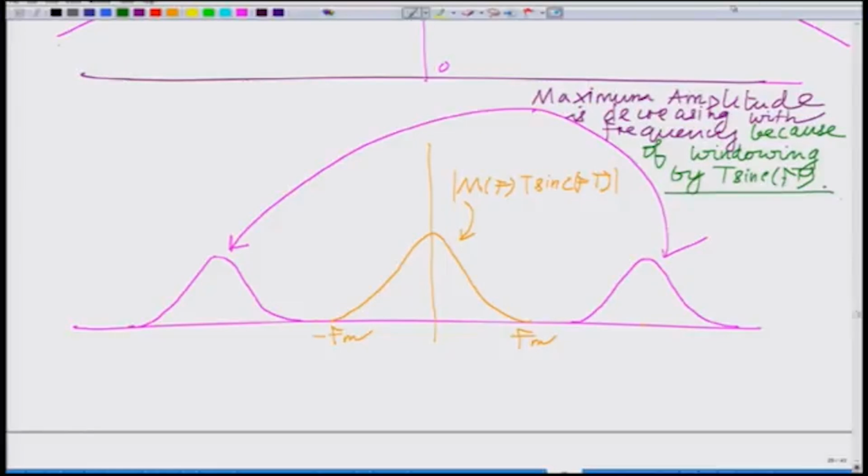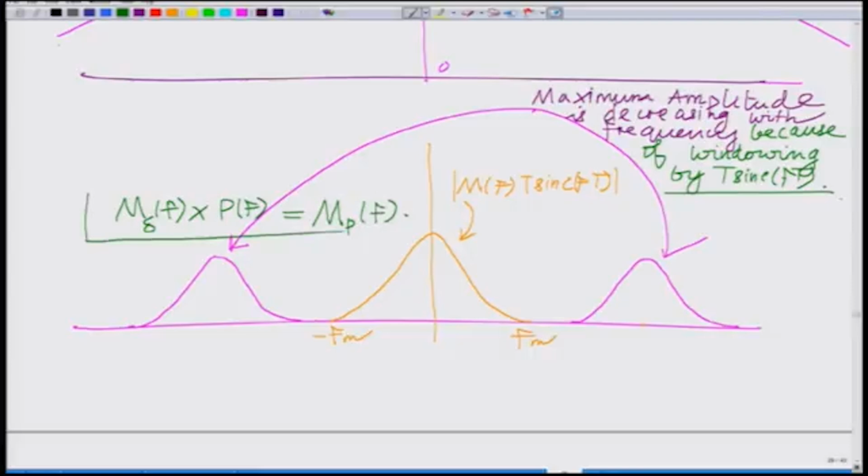And therefore, reconstruction is again simple. This is your M P of f, which is equal to M delta of f times the pulse shaping filter P of f.